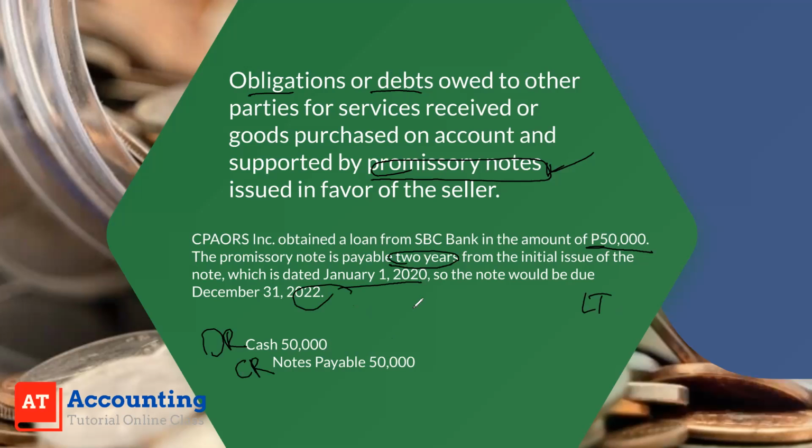With all the other interests and how we would classify the entries going forward, we will discuss that later on. But at least for proper identification, because you obtained the loan, you've received the money, and now you're going to set up your liability, which is notes payable, which is 50,000.